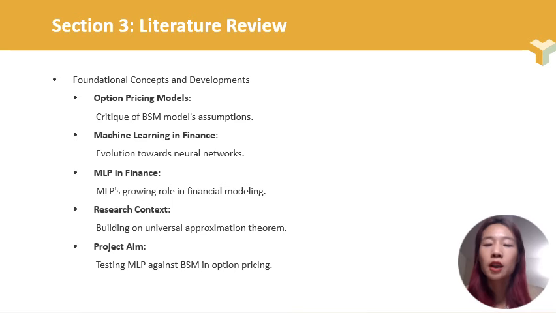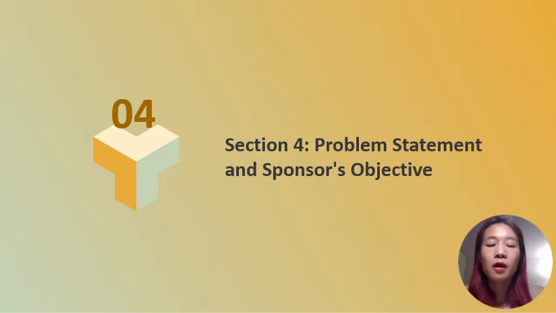The universal approximation theorem underscores the potential of neural networks like MLP to approximate a wide range of functions, making them particularly suitable for financial applications where traditional models fall short. Our aim through this research was to rigorously test the effectiveness of MLP against a traditional Black-Scholes model in the specific context of option pricing.